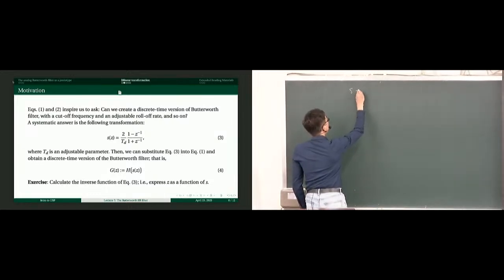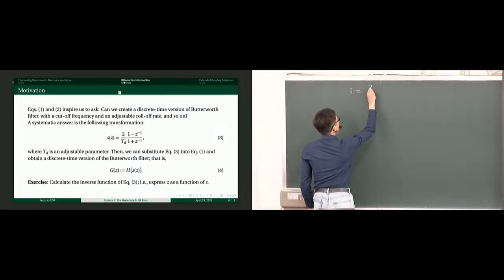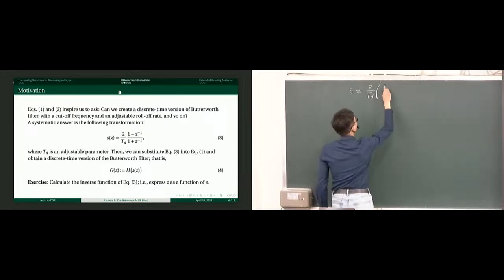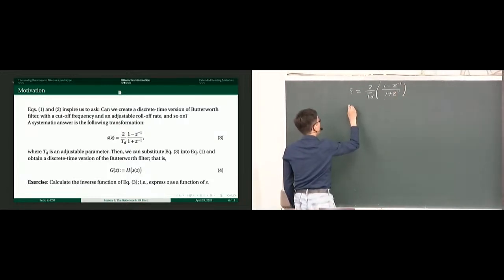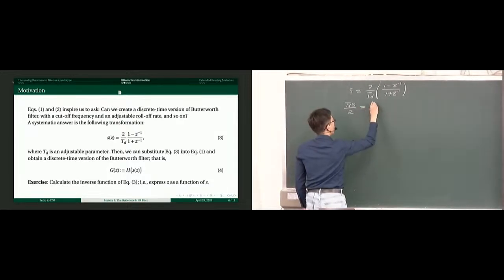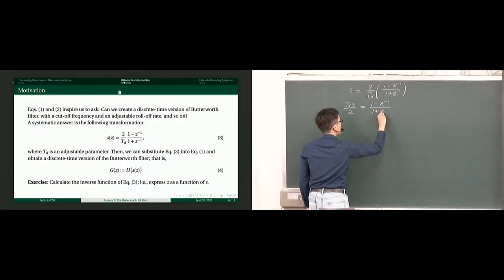If s equals 2 divided by T_d times (1 minus z inverse) over (1 plus z inverse), then T_d s divided by 2 is (1 minus z inverse) over (1 plus z inverse), right?